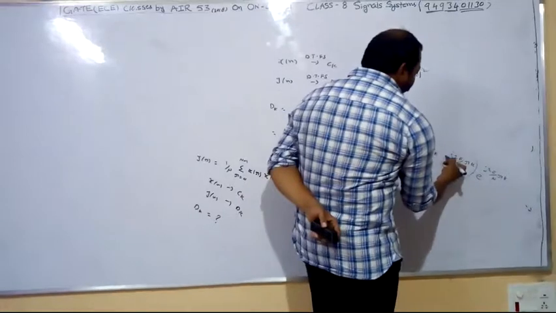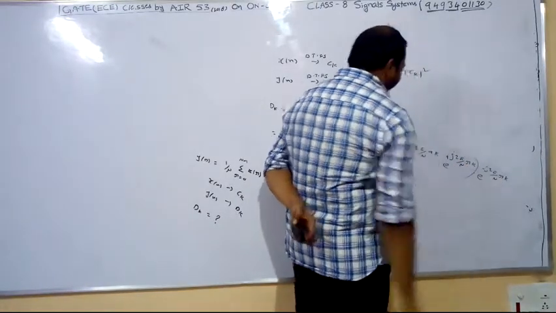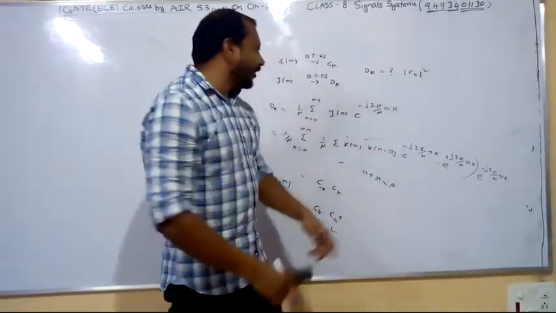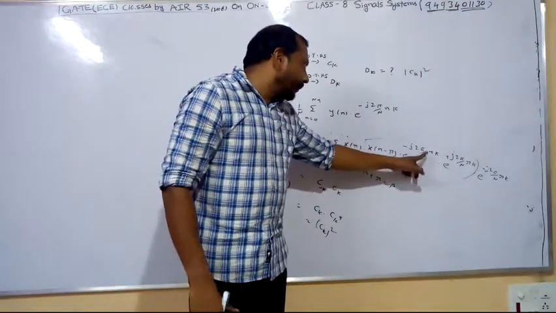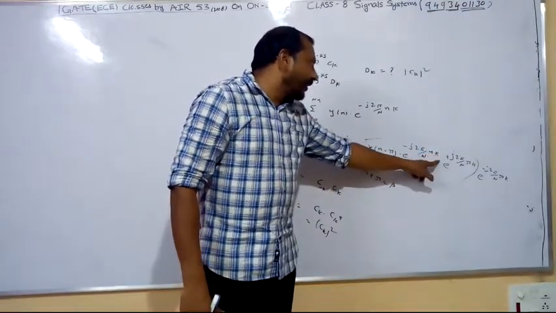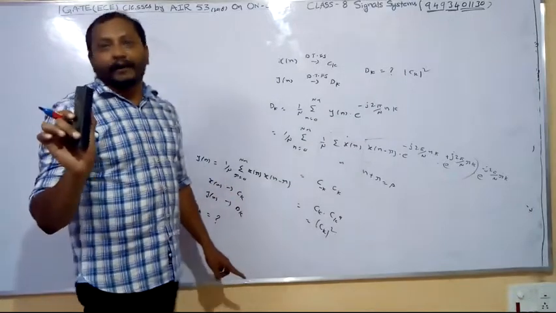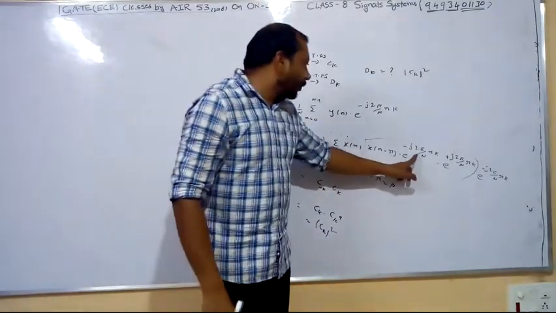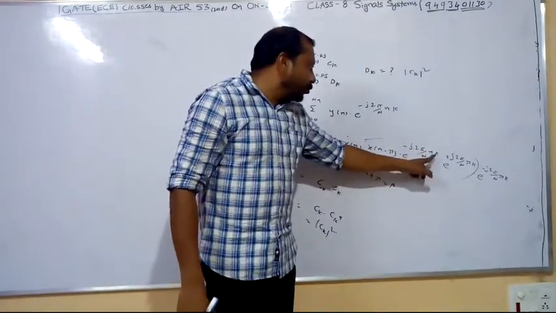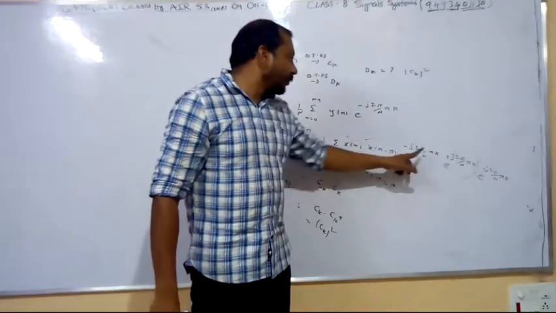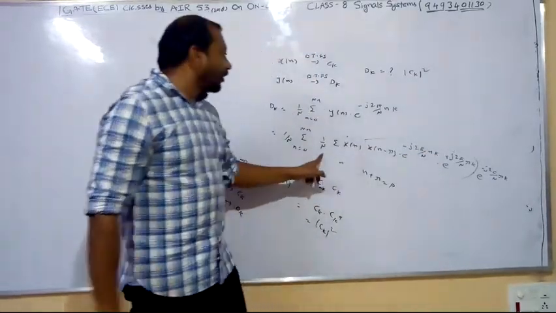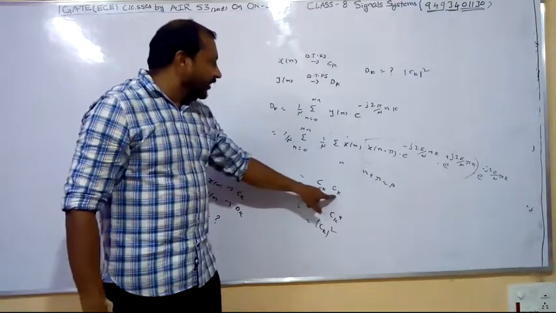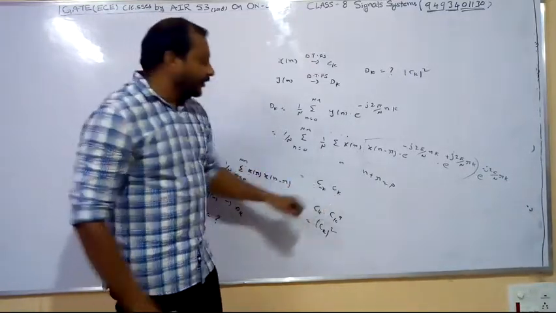These two you have to combine: here you are considering the plus, here the minus. Taking minus j as common, you have 2 pi by n into n minus r, so e power minus j 2 pi by n into n minus r into k, and 1 by n also. Getting my point? The corresponding is your ck.